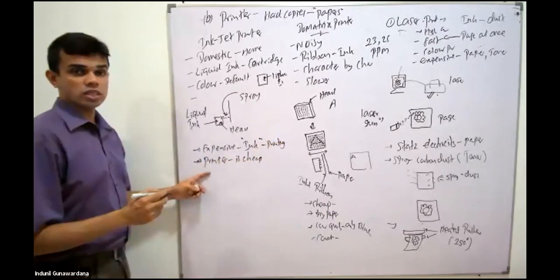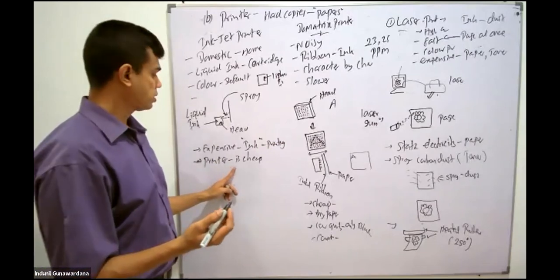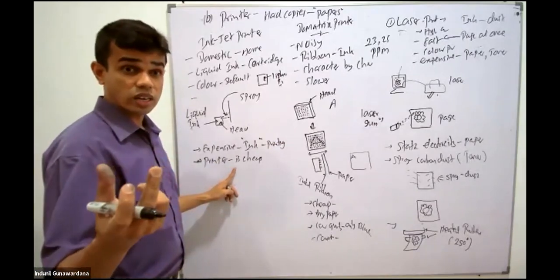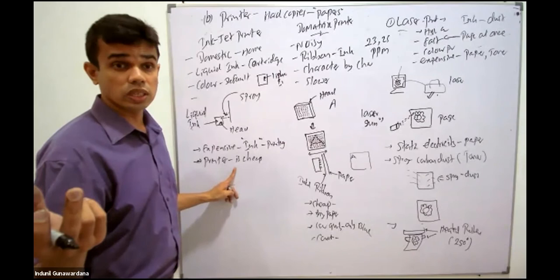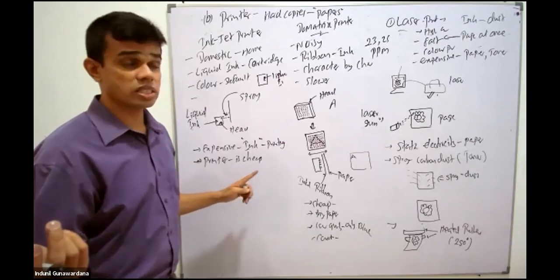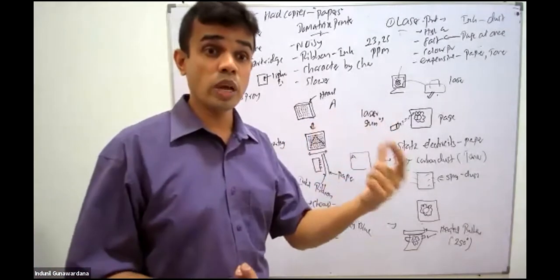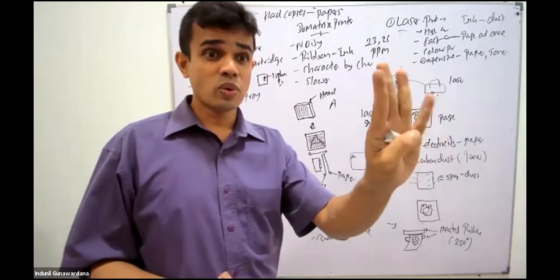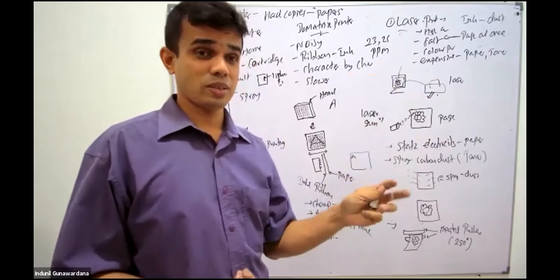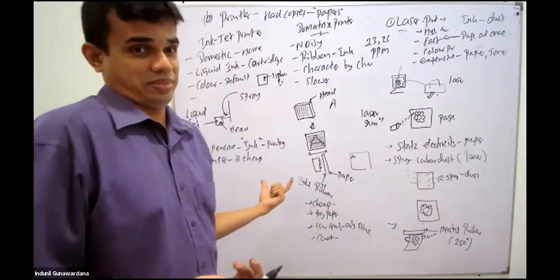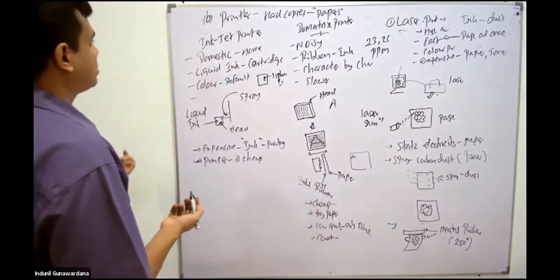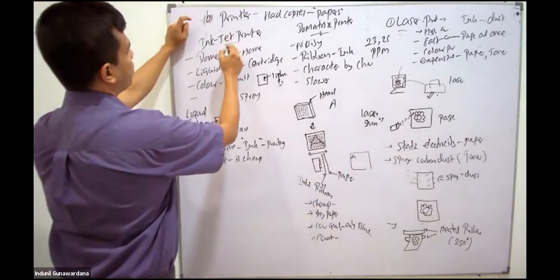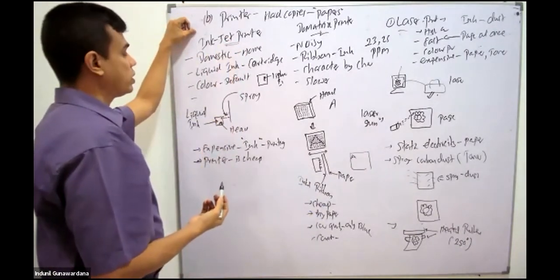Normally, a printer costs around 4,000, 5,000 rupees. But one ink cartridge is 2,000. If it is a colored one, red, green, blue, and black have to be inside. 4 cartridges, one cartridge is 2,000, so 4 cartridges will be 8,000. The printer is 6,000. So that's an inkjet printer, which is used in our domestic environment.